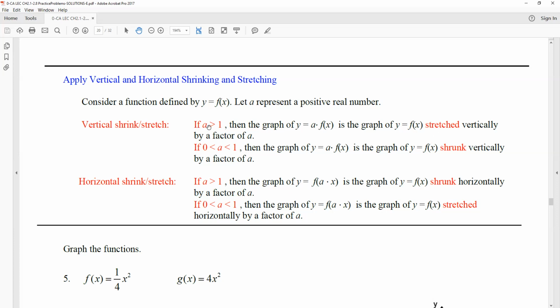In this case, if you use a positive number for vertical, comparing vertically, it makes it taller. For horizontal, it makes it shorter. A fraction, for vertical, it makes it shorter. For horizontal, it makes it wider.